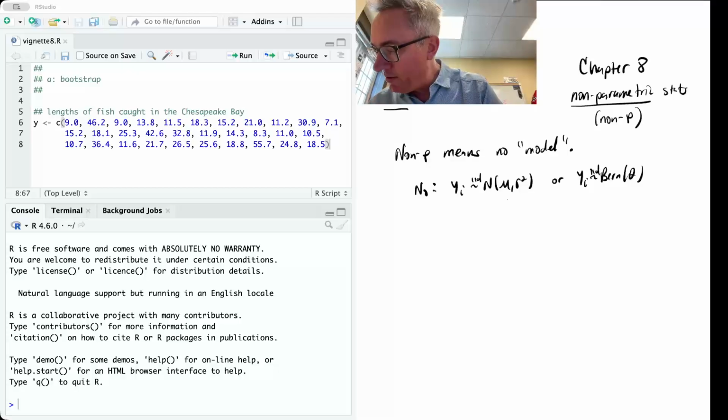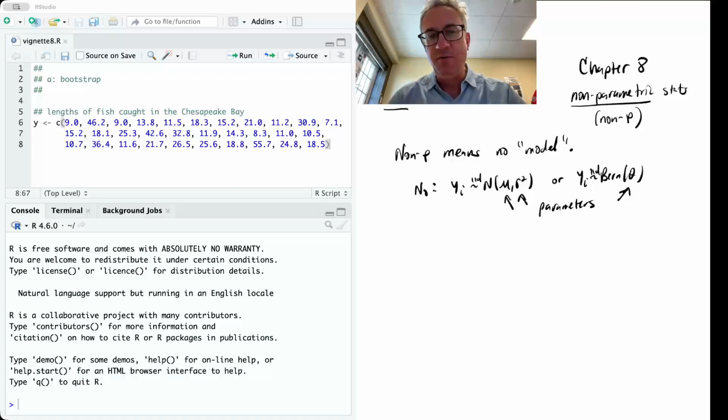Now these models have parameters. So all of the standard distributions have parameters. If you're not using one of those distributions to describe your model, then you're also not using or estimating those parameters. But that doesn't mean you don't have other things that are usually involved with statistics and probabilities.